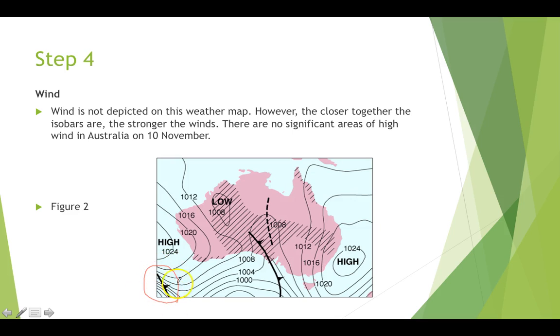Now, despite that not being over Australia, that would be an area of high wind. Where else would be areas of highish wind, do you think? Maybe around here? But over the rest of Australia, it would be actually quite calm.